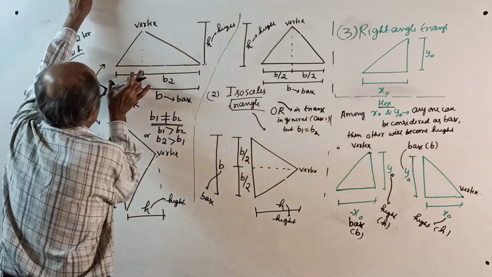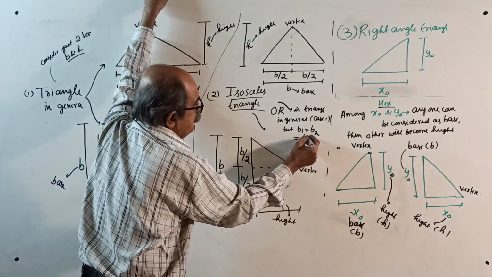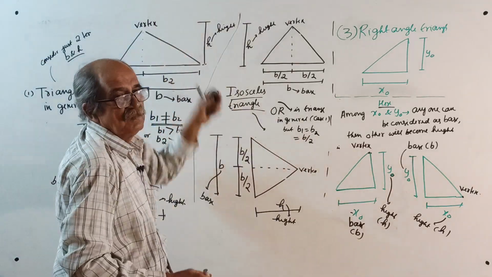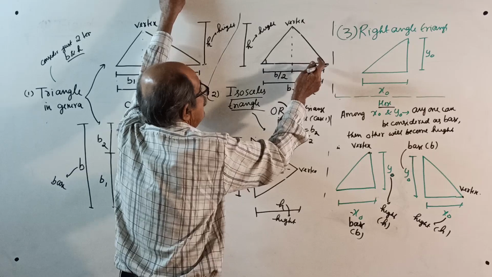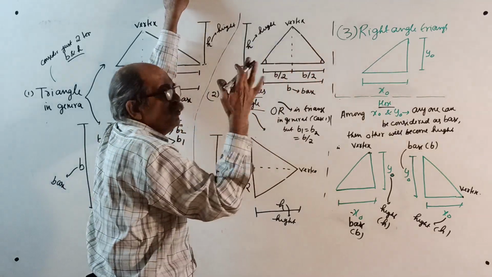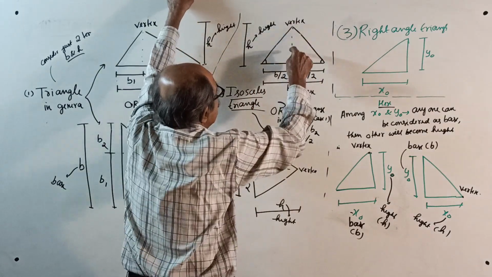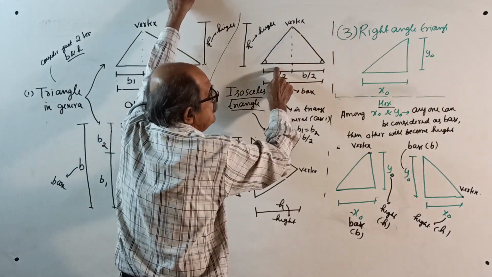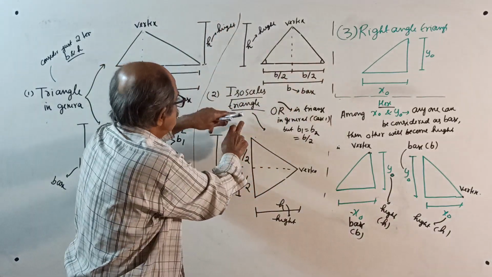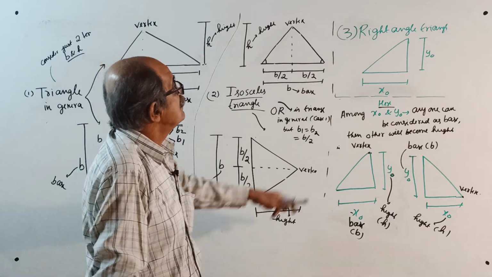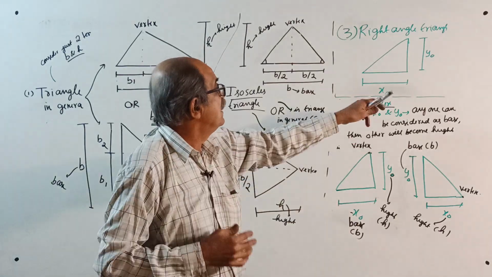When B1 becomes equal to B2, both become equal to B by 2, because this angle will be equal to this angle. That these two sides are equal, we don't require. We want only that from the vertex, if you drop a perpendicular here, the base is divided into two equal parts. This is an isosceles triangle.